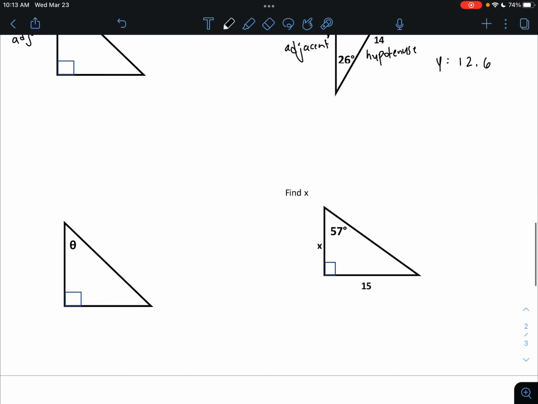So in our tangent function, we've got our opposite side from this angle, and in this case, we have our adjacent. And we do not have our hypotenuse. We're not looking for our hypotenuse, we're not given our hypotenuse.